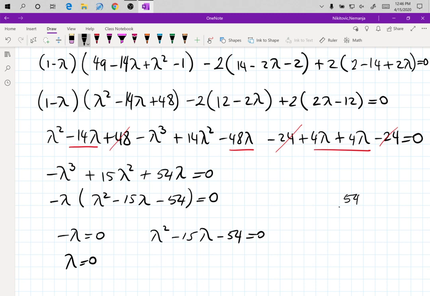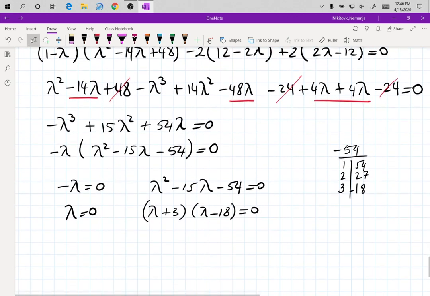So what are the factors of 54? I'm just going to really quickly run through this. 1 and 54, 2 and 27, 3 and 18. That gives 15. So that's a negative and a negative right there. Great. So it factors into lambda plus 3, lambda minus 18. So that gives me lambda 1 is 0, lambda 2 is negative 3, lambda 3 is positive 18.